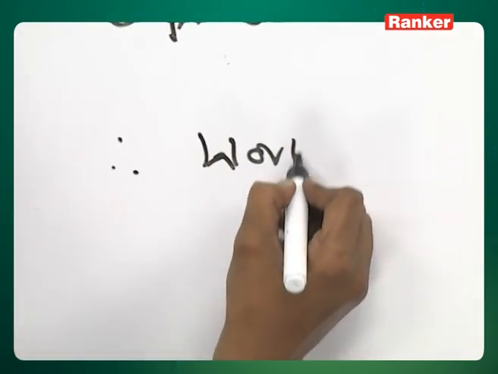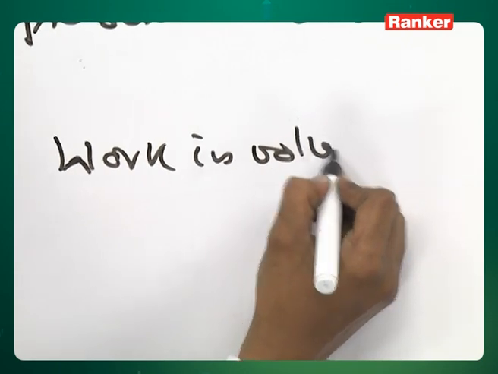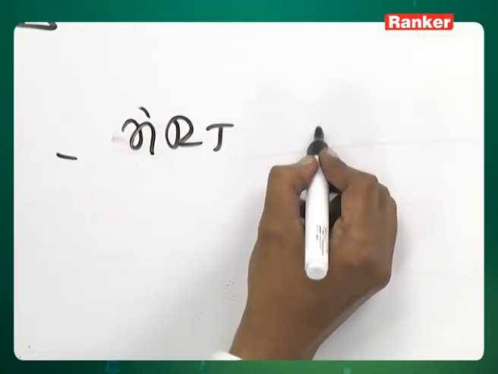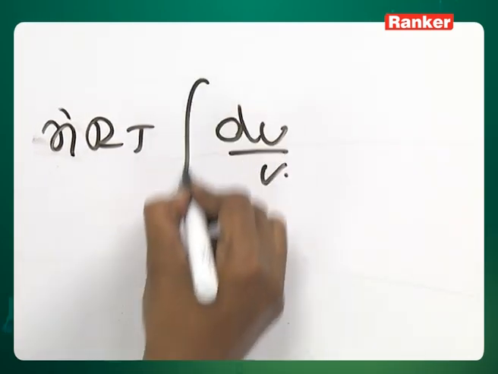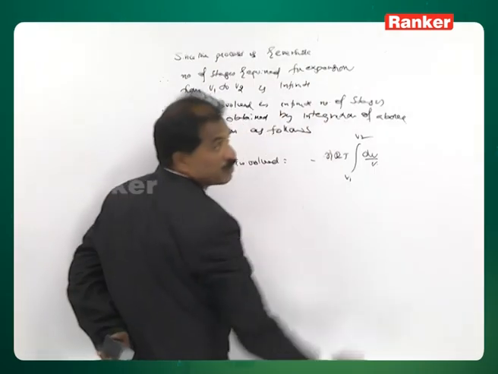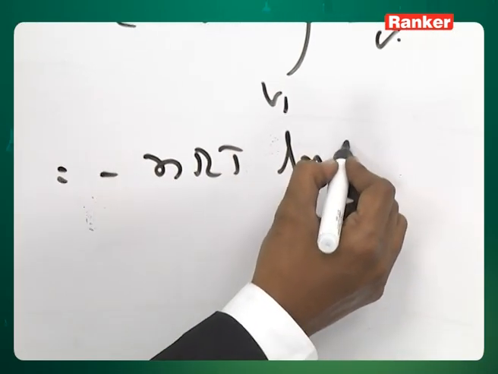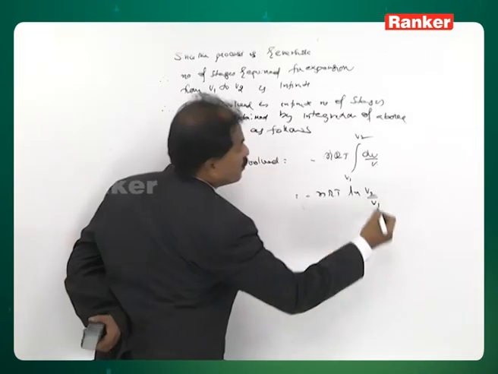Therefore, work involved is minus nRT integral dV by V. It is equal to minus nRT ln V2 by V1.